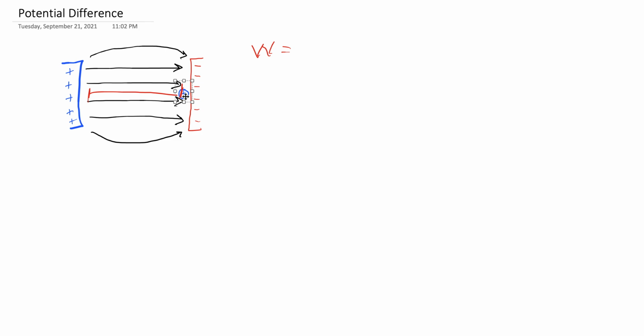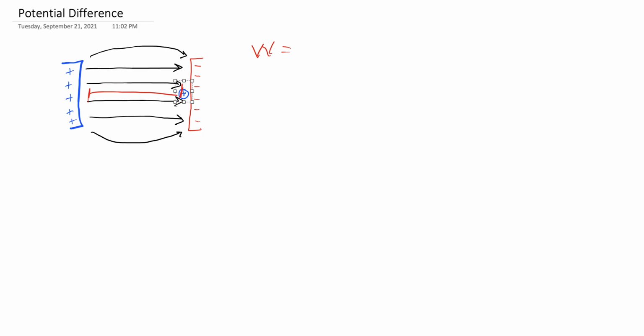It would have the exact same amount of energy, because the path that I take with my charged particle doesn't matter. It only matters the distance that it has traveled in relationship to that positive plate and that negative plate. So work, that was point number 1, path doesn't matter that I take.